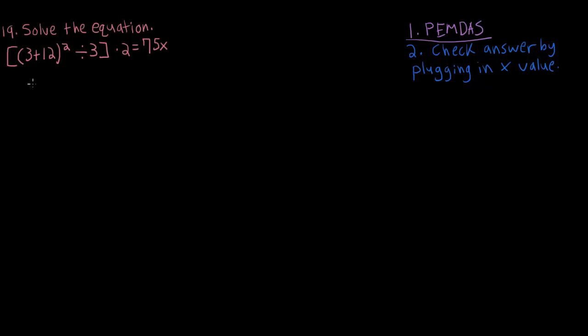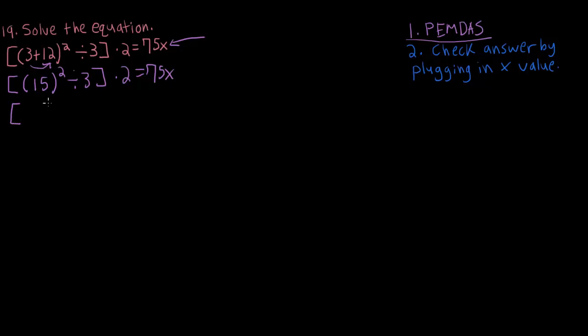So we just want to do order of operations. Let's first do 3 plus 12 in the parentheses, which is 15, squared divided by 3 inside the bracket times 2 equals 75x. Again, we're solving for x in this equation.